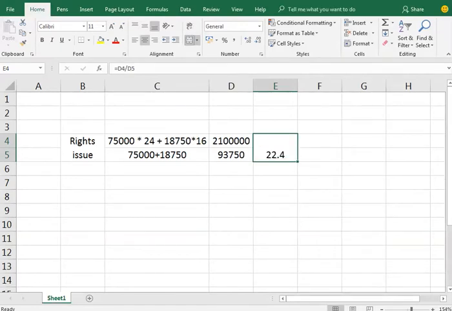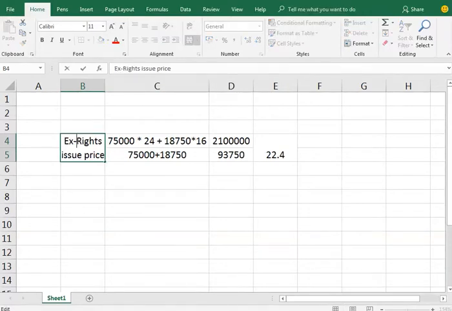That will be the X rights issue price, post rights.